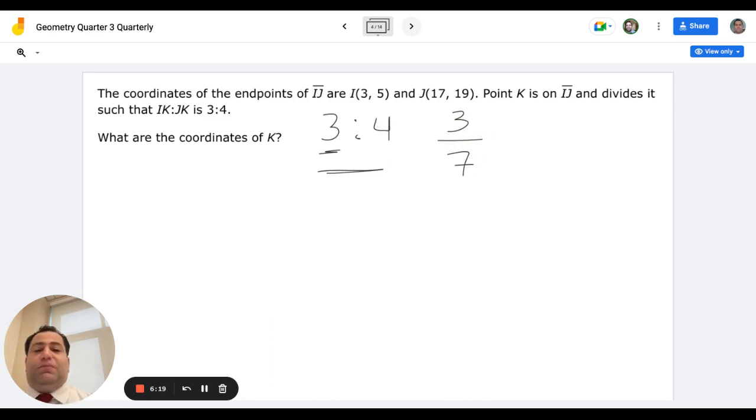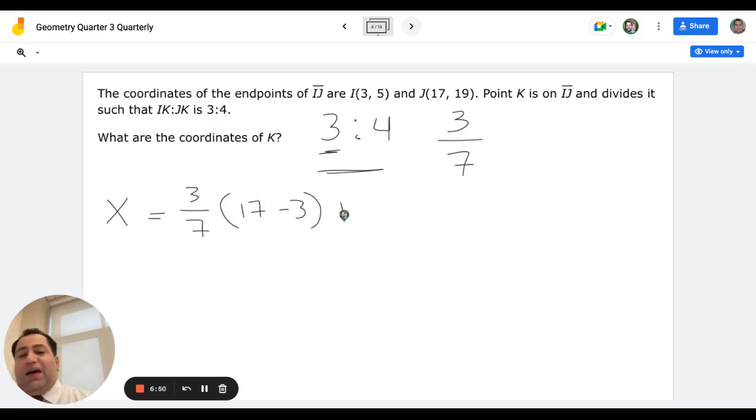To find the x and y value, we need to find the difference between x and the difference between y, multiply by our ratio, and then add the starting point. So let's do x first. x is going to be equal to 3/7, and then we're going to subtract the x value, 17 minus 3.